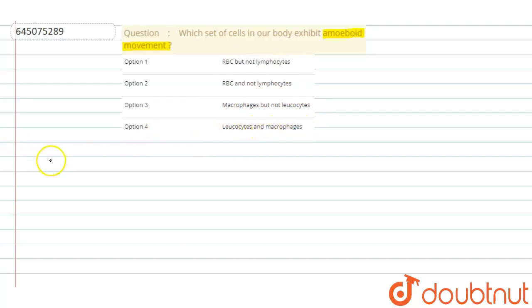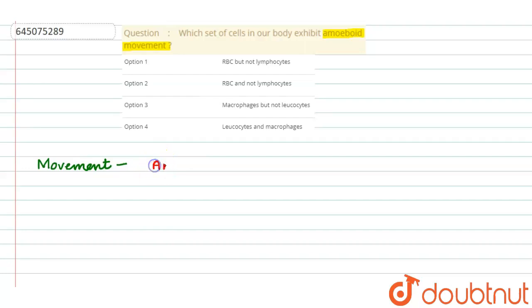So in this question we are basically talking about Amoeboid movement, which is a type of movement. For understanding Amoeboid movement, let's start with understanding the movement. Movement is a characteristic feature of living organisms. Even the cells present in the human body exhibit movement. Basically, there are three types of movement exhibited by the human cells.